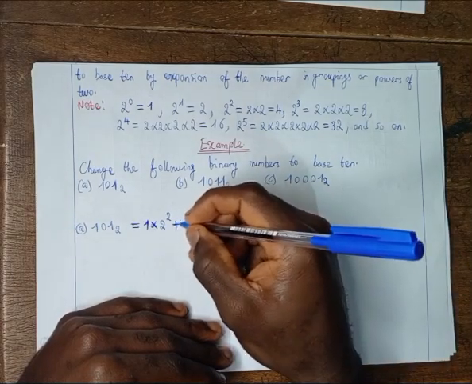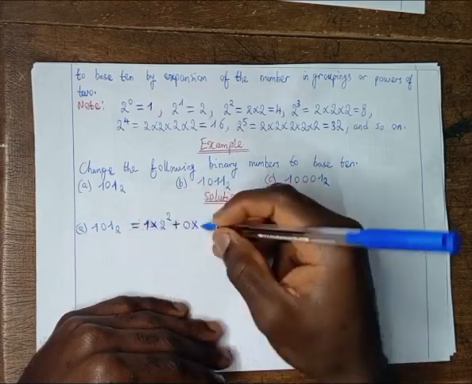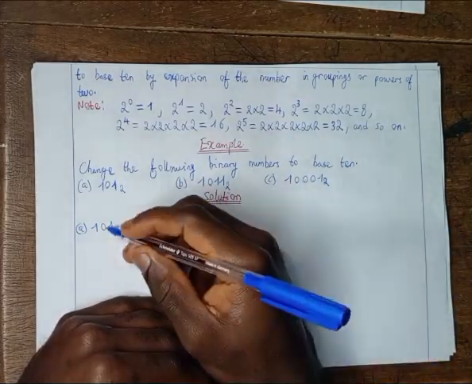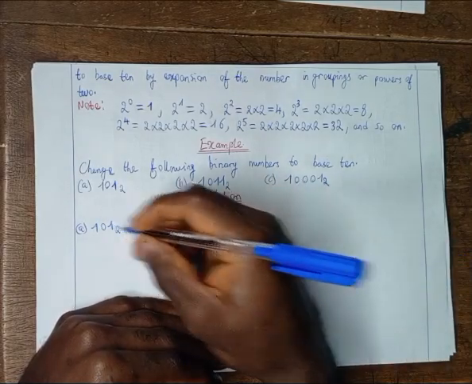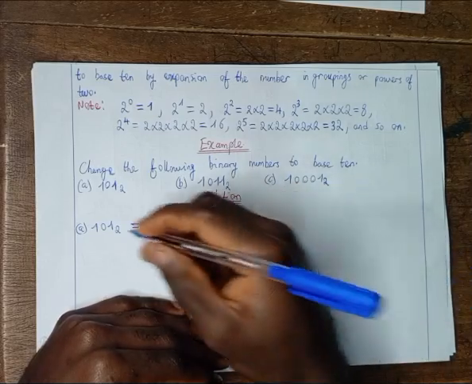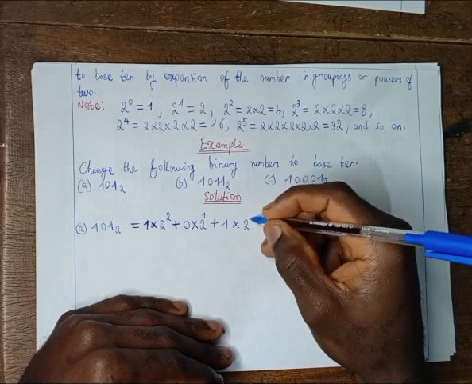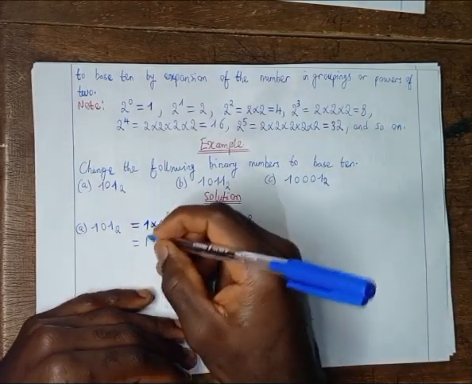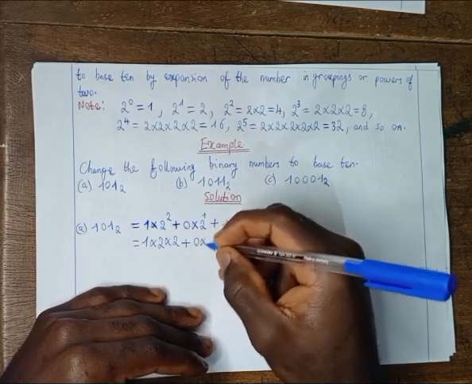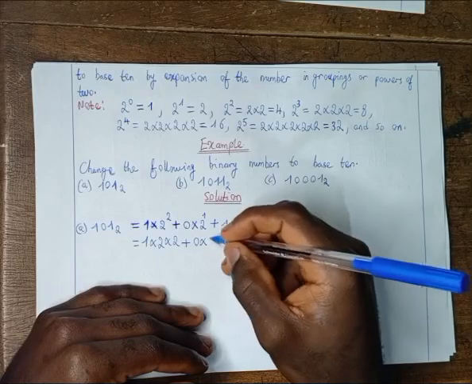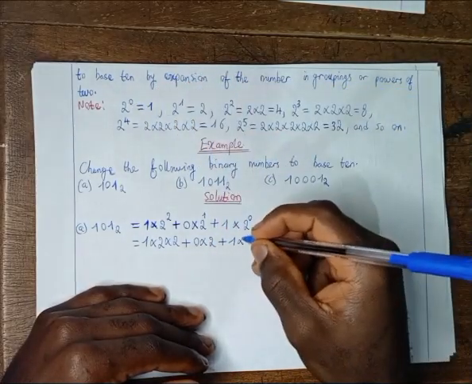Plus the next digit, we have 0 times the base, which is 2, raised to the power 1, because after 0 we have just 1 digit. Plus the last digit, which is 1, times the base 2. After 1 there is no other digit, so 2 raised to the power 0. This gives us 1 times 2 raised to the power 2, which is 2 times 2, plus 0 times 2 raised to the power 1, which is 2, plus 1 times 2 raised to the power 0, which is 1.